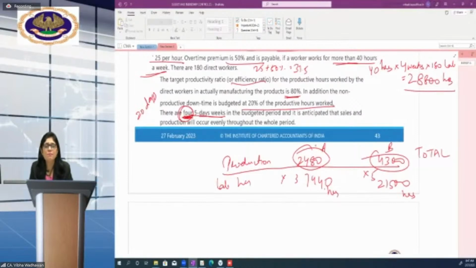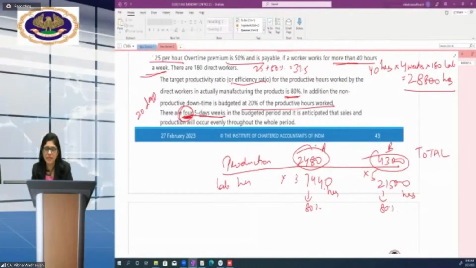Laborers must be paid for the 100% hours they have worked. They have worked for 100% and the efficiency is 80%. That means these are the productive hours. How much has to be the total labor hours worked? That means these are 80% of the hours, right? Efficiency is 80%. So this many hours are required to produce, but laborers were only 80% efficient. They must have taken more time to produce this much.